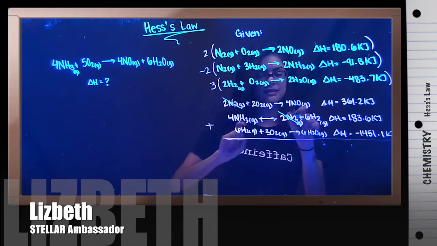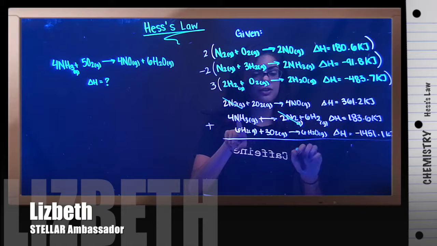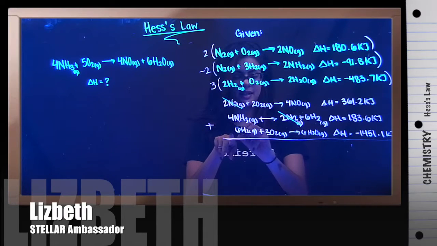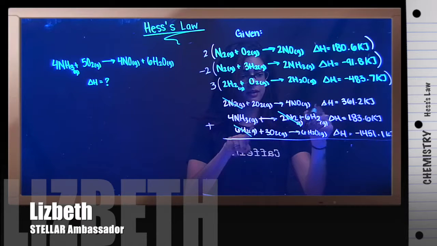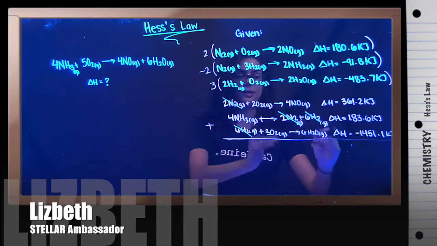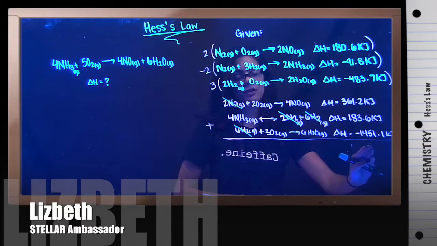All right, now I see 2O2, I don't see any oxygen, so that one can stay. 4NO, I don't see it on this side anywhere either. NH3, I don't see it on this side. 6H2, I see it here on the left side of this arrow and on the right side of this arrow. And I believe that's going to be it. So now let's go ahead and bring down everything we didn't cancel, and we're going to add these over here.